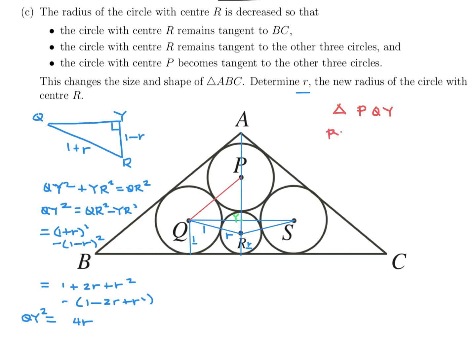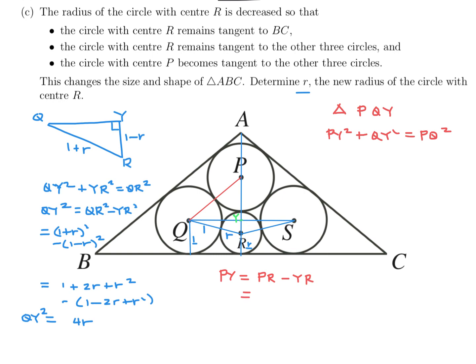So PY squared plus QY squared is equal to PQ squared. And let's see, PY. Well, PY is the equivalent of P to R minus YR, correct?